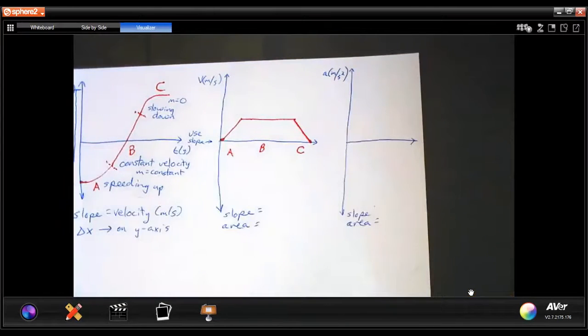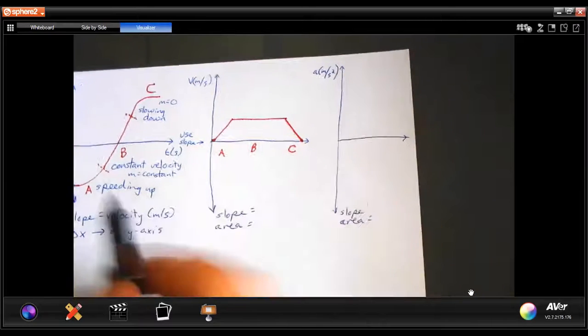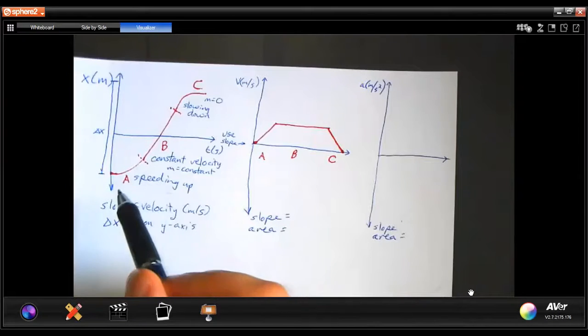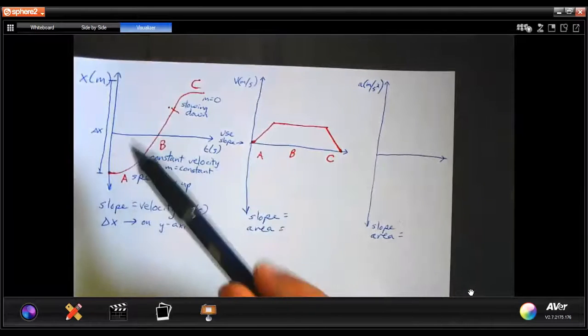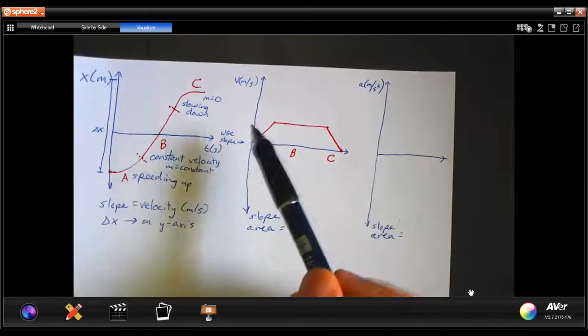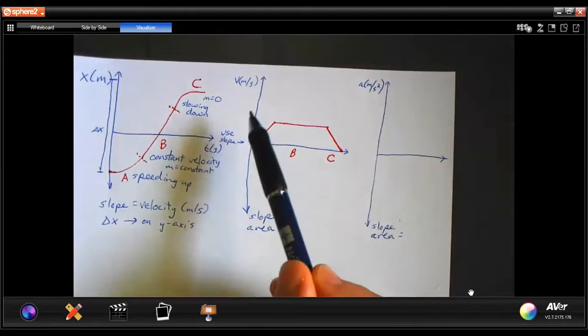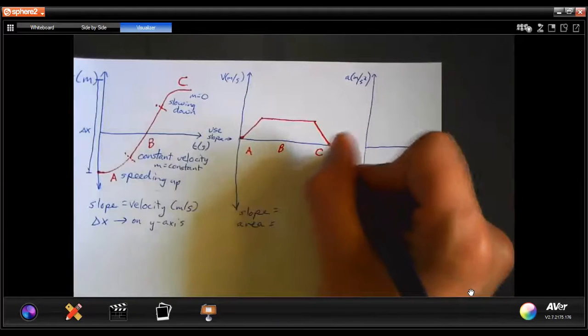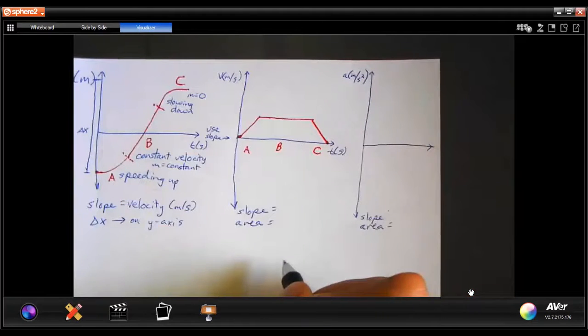Now, slope on a position time graph gave us our velocity. It told us how much the position is changing in a given amount of time. On a velocity time graph, the slope tells us how much the velocity is changing over time.